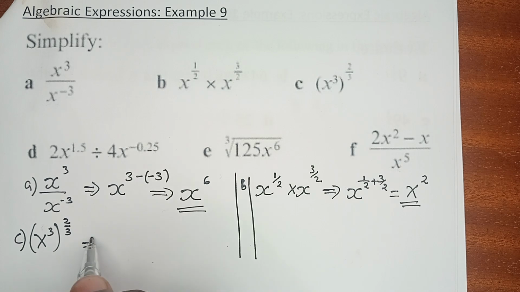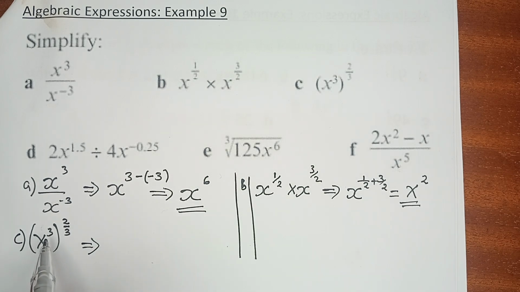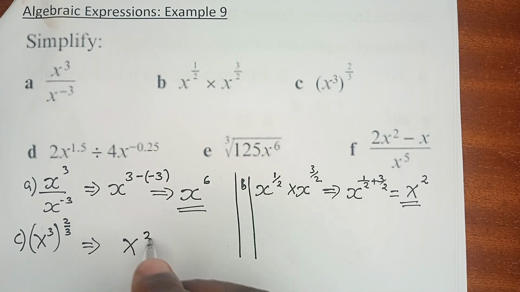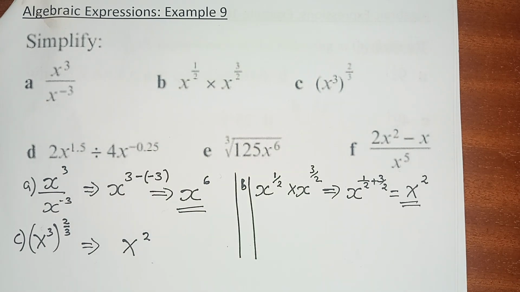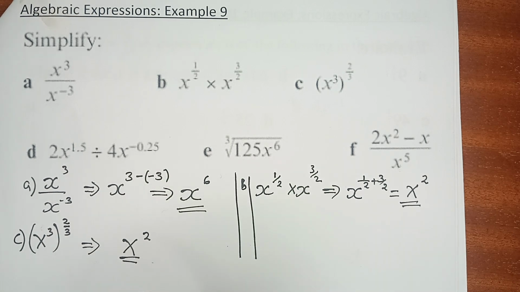We have also understood that in such a case, when we have a base that is raised to a certain power, and again the whole arrangement is raised to another power, this is the same as finding the product of the powers: x raised to power 3 times 2 over 3. 3 times 2 over 3 is simply 2, because 3 and 3 will cancel out. And this is simply the final submission. That is as far as part C is concerned.